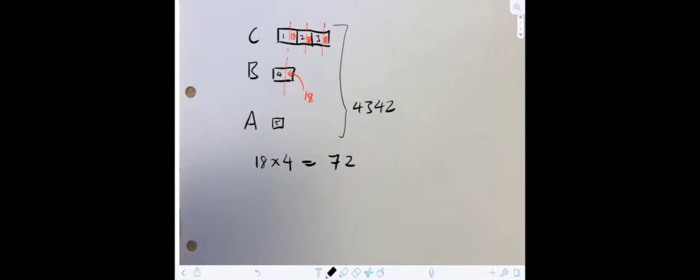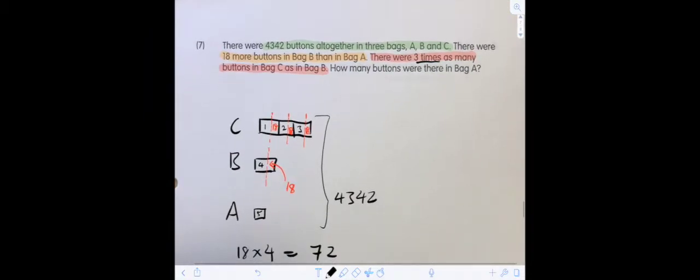Now that we have 72, what we need to do is take 4,342 minus the red color 18s, which altogether is minus 72. You will get 4270.